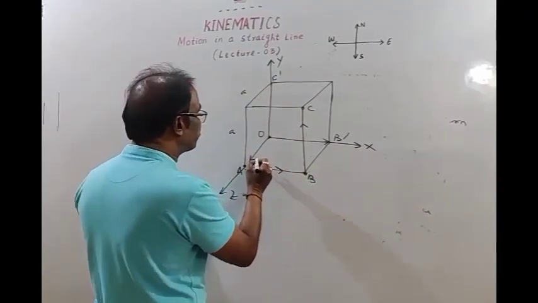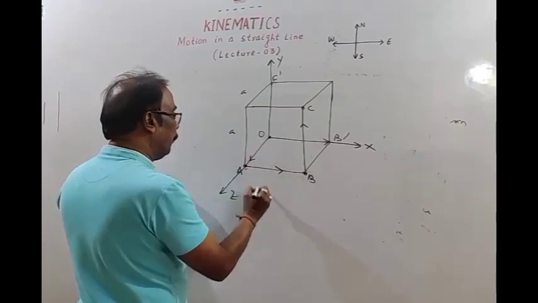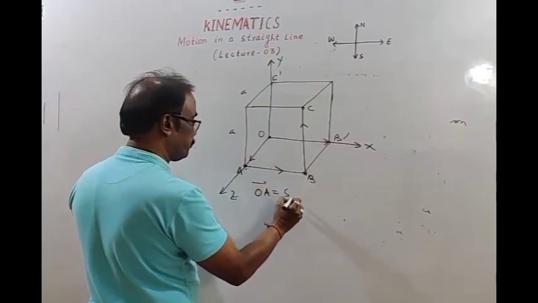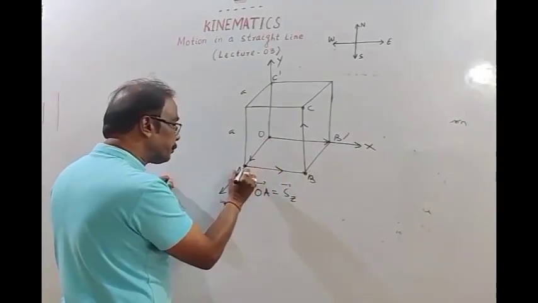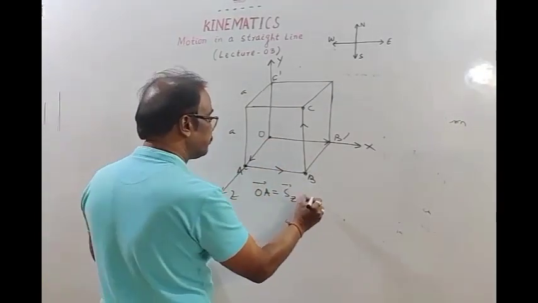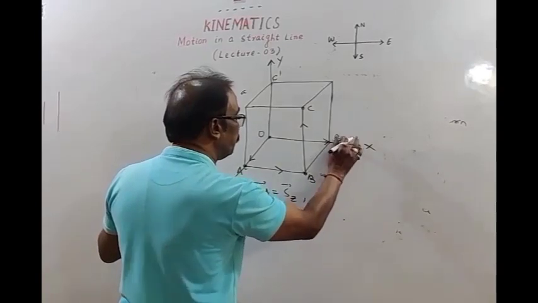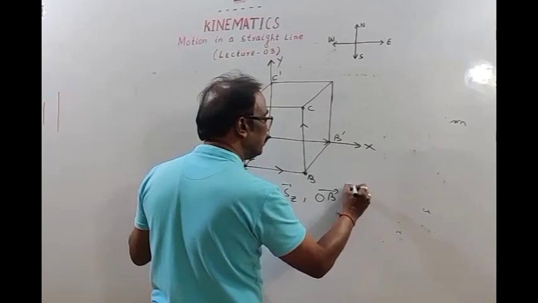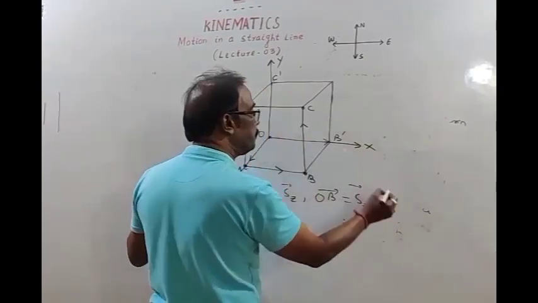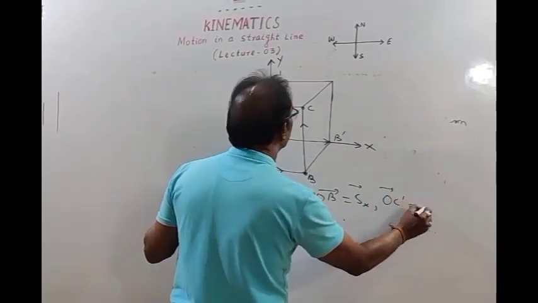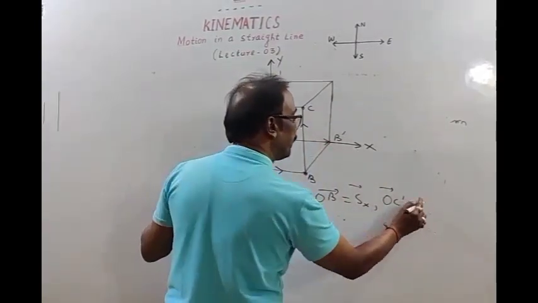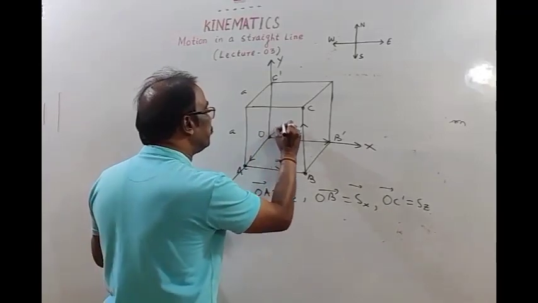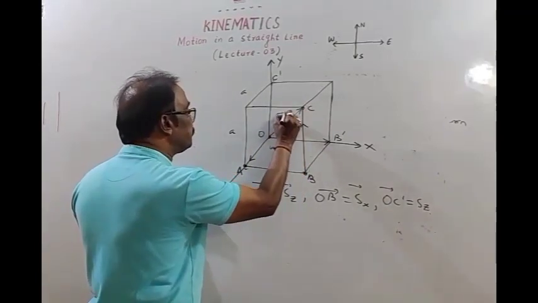So displacement OA is along the z-axis, and displacement OB dash is along the x-axis. Similarly, displacement OC dash is along the y-axis, so we may write it Sz, and the resulting displacement we may join. This is the resulting displacement S.